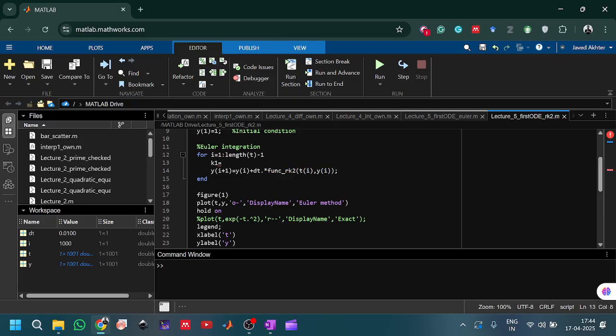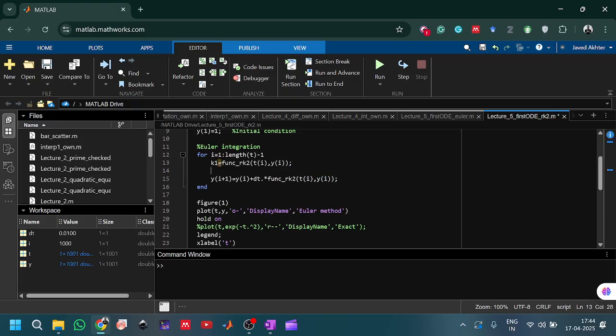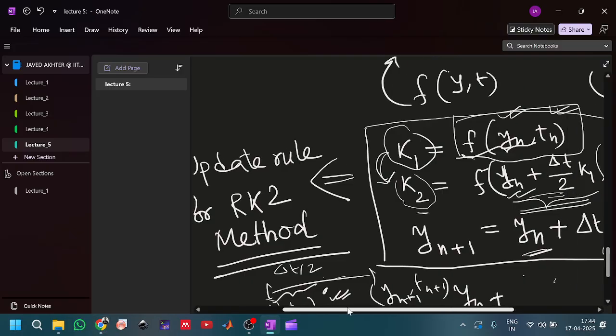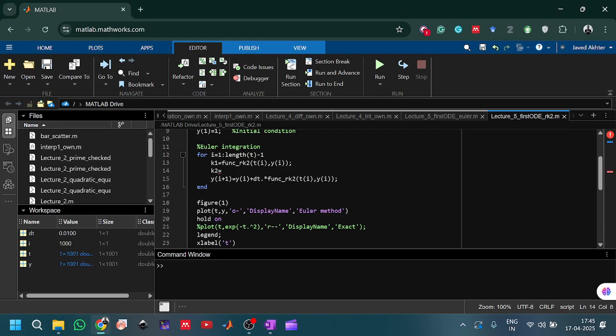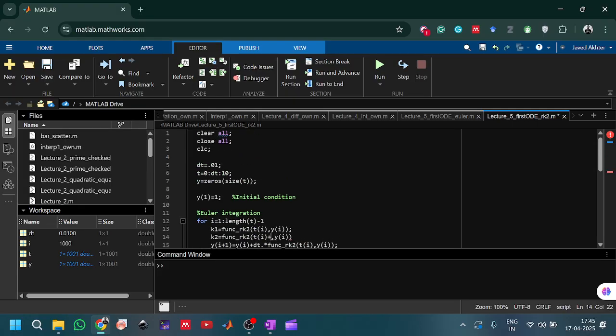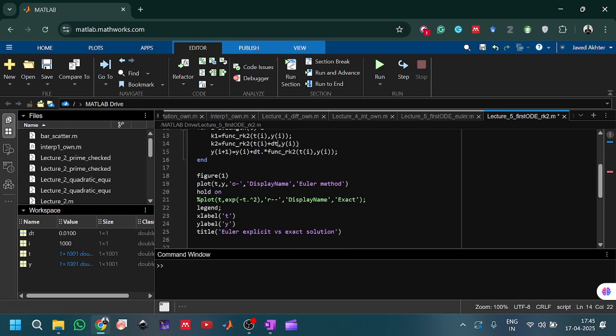And K2 will be this function evaluated at Yi plus delta t by 2 K1. So I have to write it here. This is at Ti plus, what is my time step? This is dt, so Ti plus dt by 2.